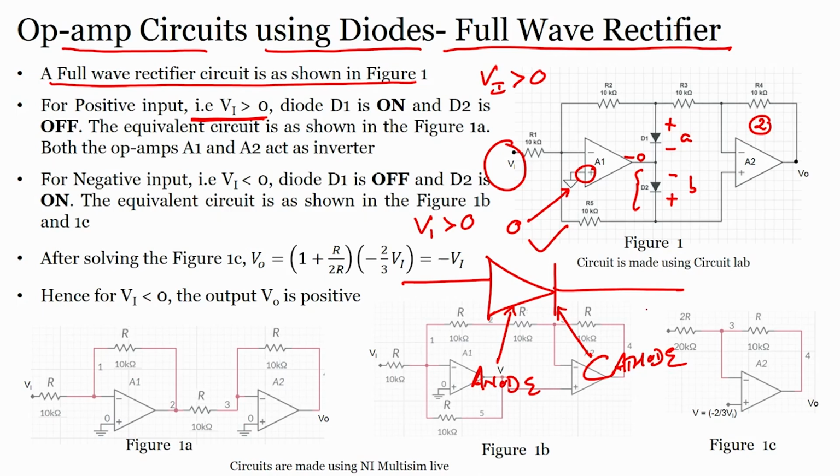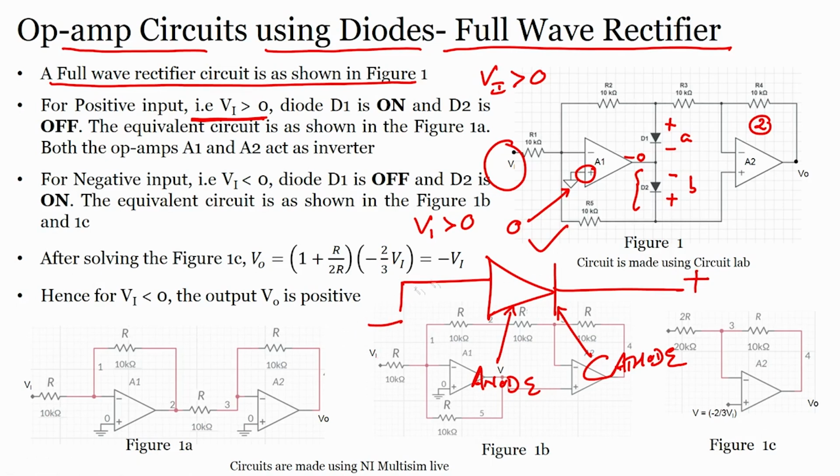If I want to operate this diode, then I have to apply positive here and negative or ground here, then only this diode will operate. If I do the reverse, apply negative here and positive there, then this diode will not operate. This we all know, correct.